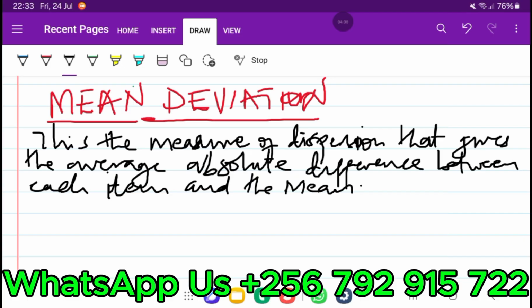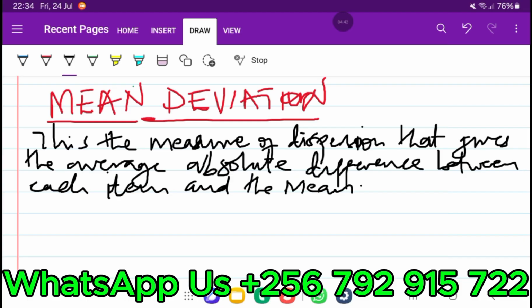It should be noted that the mean deviation is a much more representative measure as compared to the range, because the mean deviation uses all the items or all the values of the distribution. In other words, when you are computing the mean deviation, we consider all the items or values within the distribution.